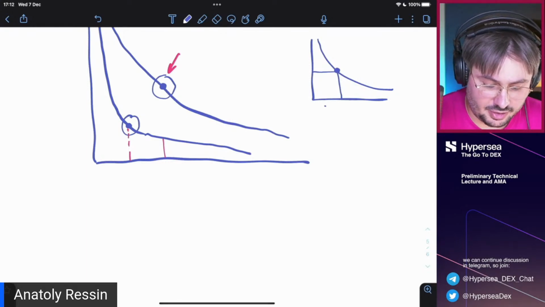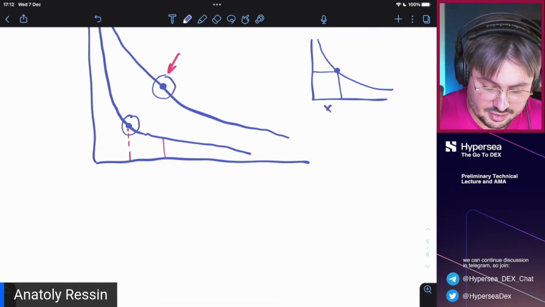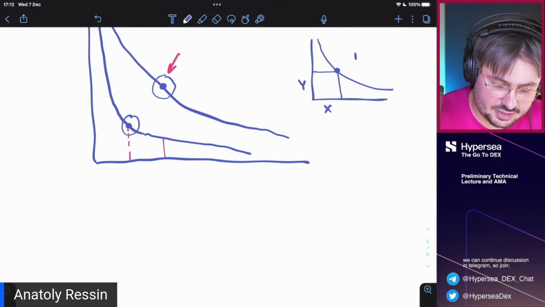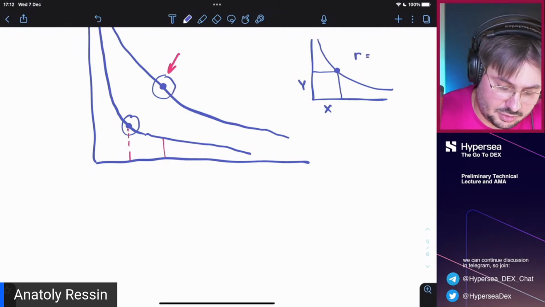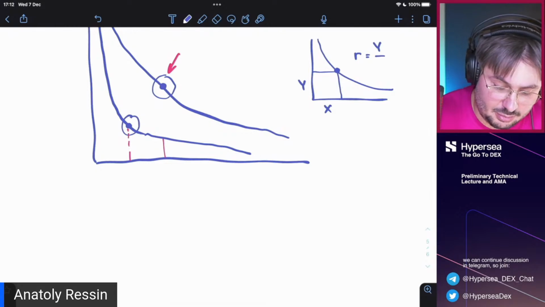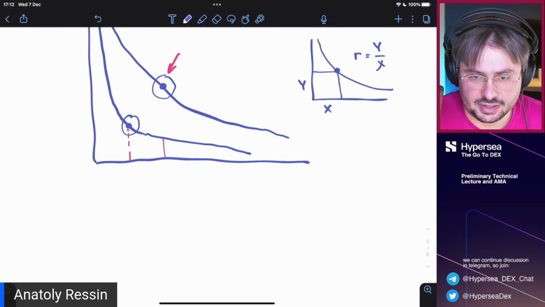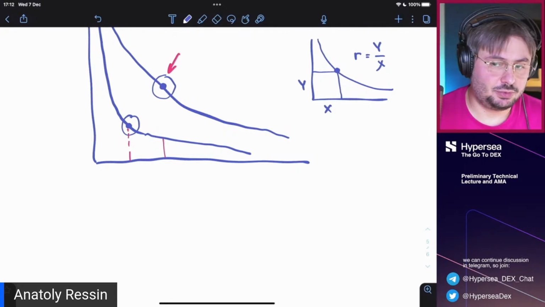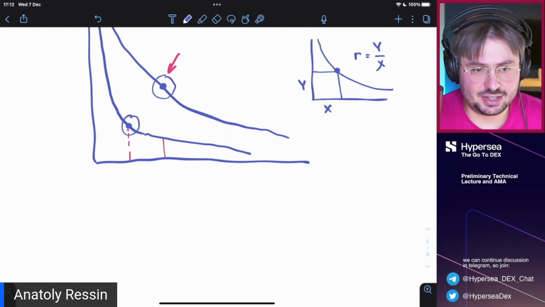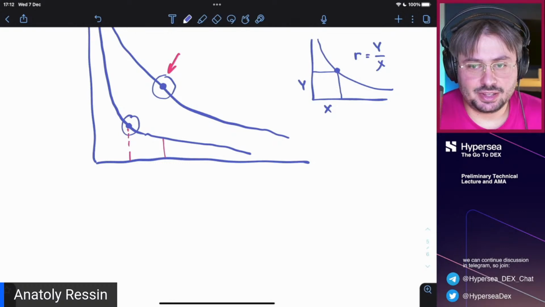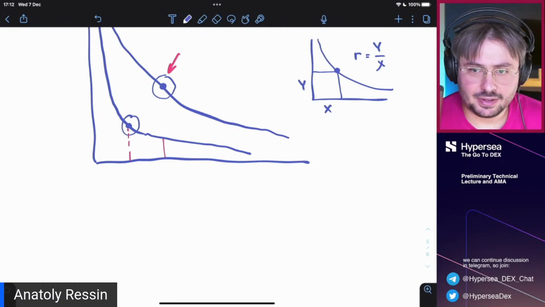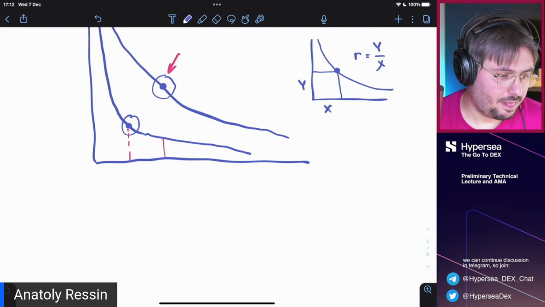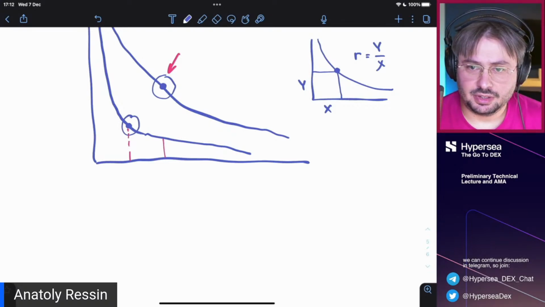If you have X amount of one reserve and Y of another reserve, then the price itself is equal to Y divided by X. But it is not actually true for every curve, because the price itself is not a ratio between two assets.